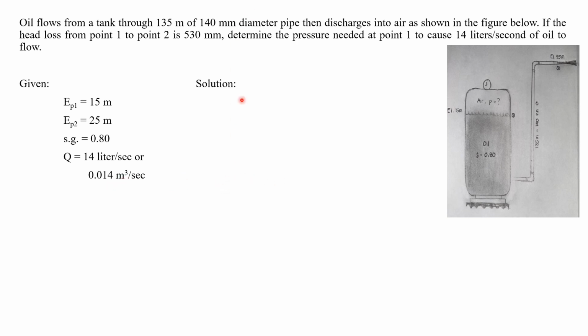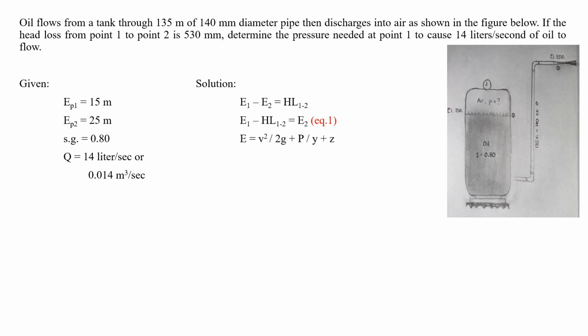Next, we need to establish what formula we will use. To get the head loss, we have an equation of E from point 1 minus E from point 2 is equal to head loss from 1 to 2. Changing our equation, we get E sub 1 minus head loss 1 to 2 is equal to E sub 2. This would become our first equation.